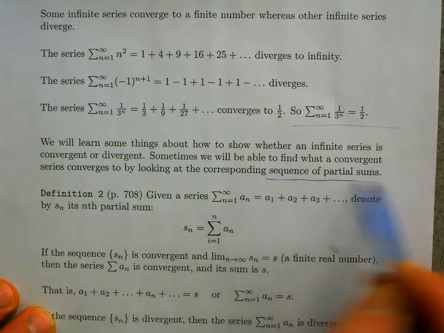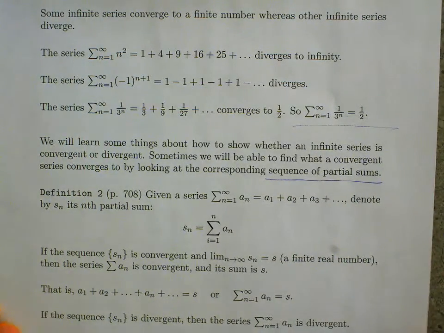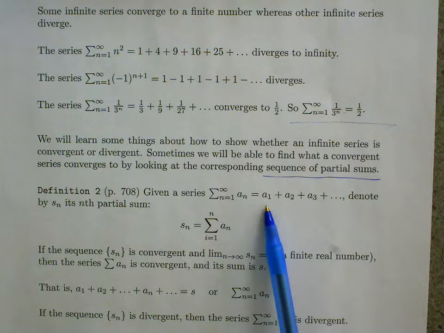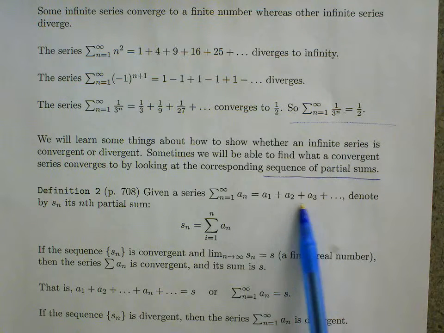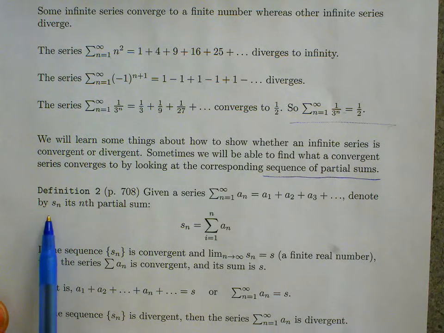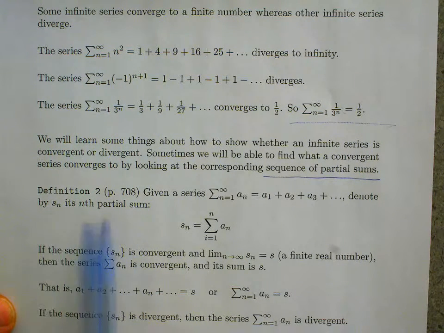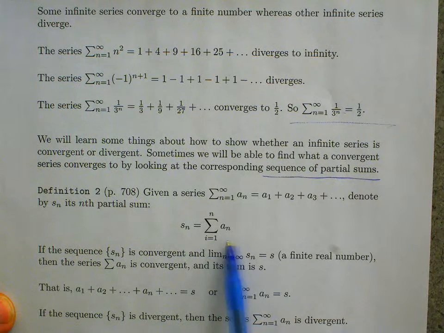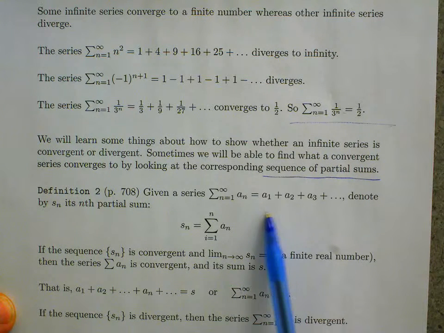Sequence of partial sums. If we're given a series of a sub n terms where we're just adding a sub 1 plus a sub 2 plus a sub 3 and so on, we denote by S sub n the nth partial sum. In other words, S sub n is just the sum of the first n terms in the series.